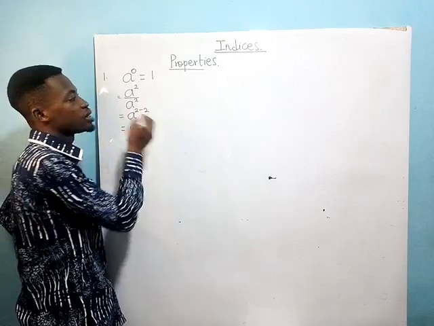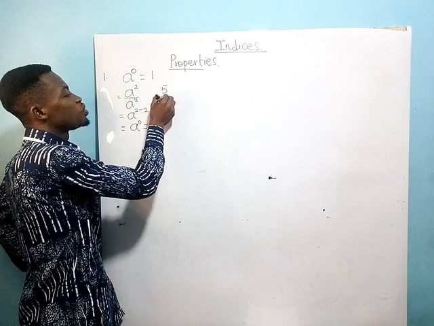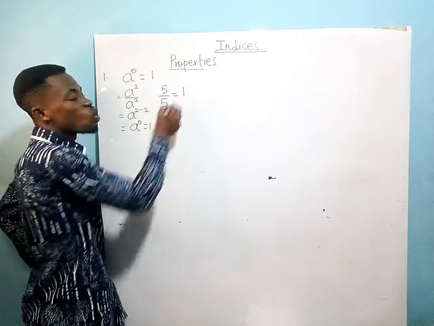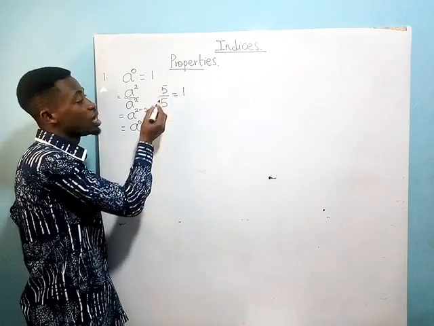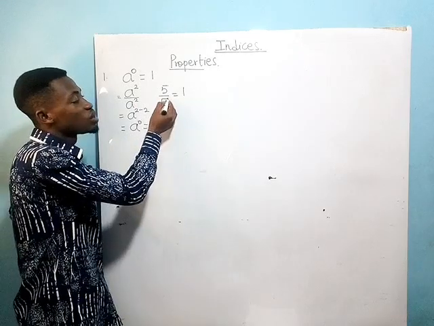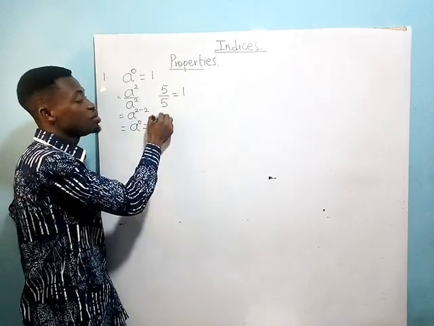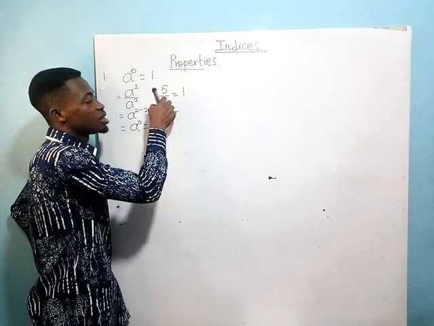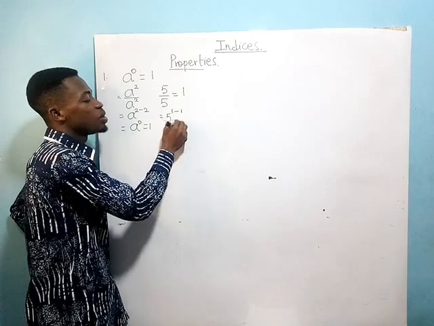Let's prove it better. For example, if we have 5 on 5, 5 over 5 gives us 1. That's when we cancel out. Now look at what we have here. The exponent of 5 is 1, and the exponent of this 5 is 1. So if we want to work this as indices, it becomes 5 to the power 1 minus this exponent of 1, giving us 5 to the power 0.